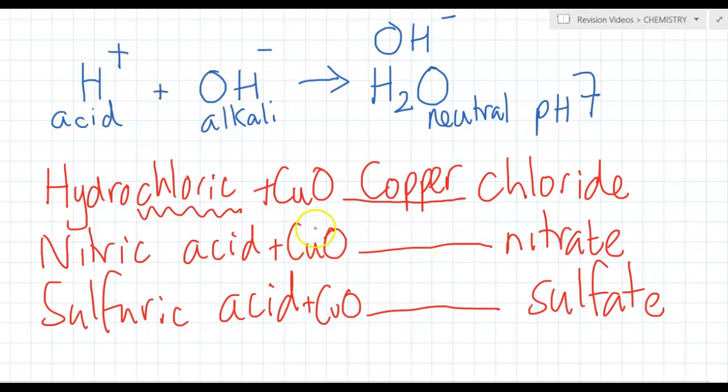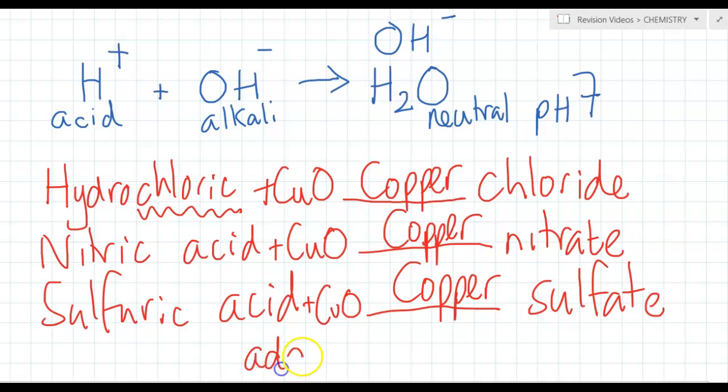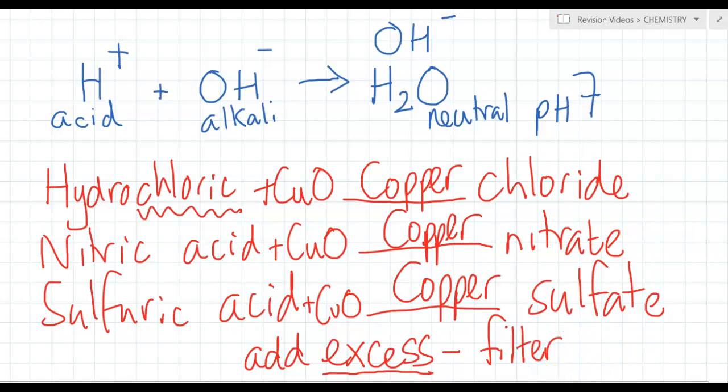Copper chloride if I use hydrochloric acid, copper nitrate if I use nitric acid, and copper sulfate if I use sulfuric acid. Copper oxide is an example of an insoluble base, so we can always know that we've neutralized the acid by adding excess and then filtering away the excess copper oxide.